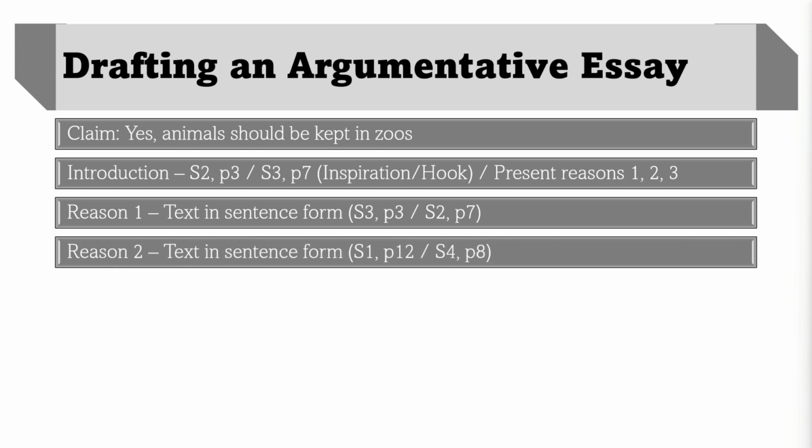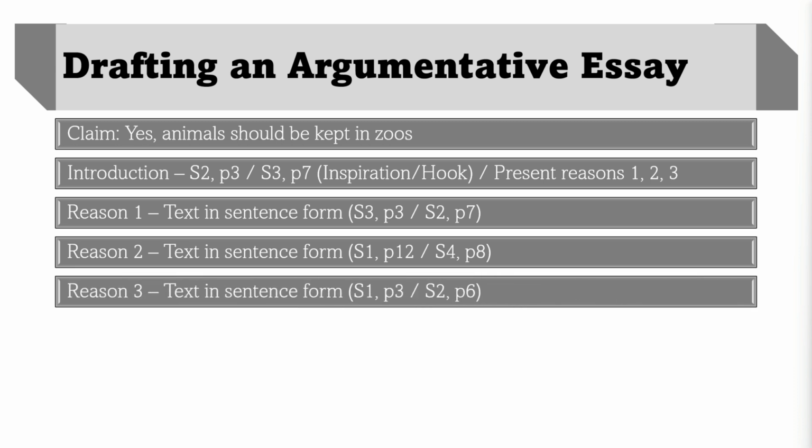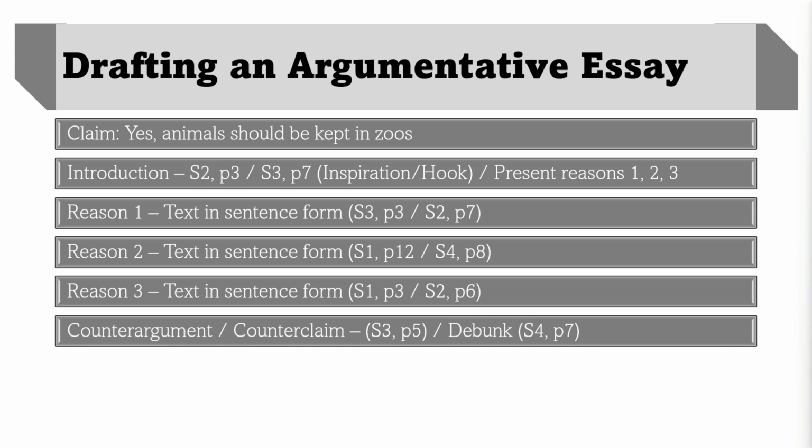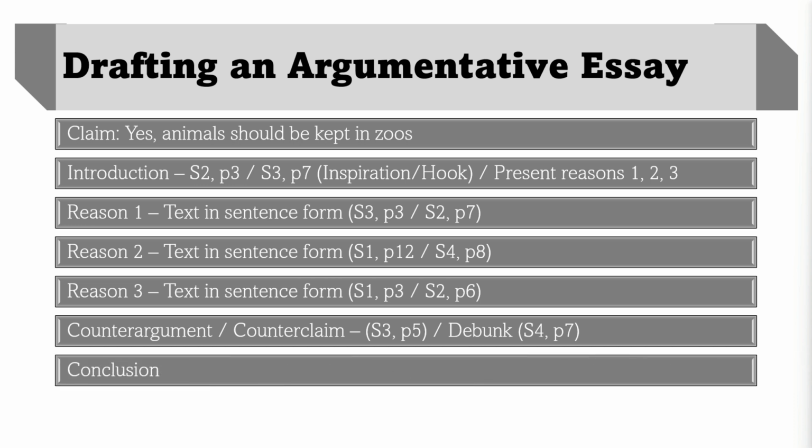I have reason 2 with the same things, also belonging in another paragraph. I have reason 3 also with the same things and in another paragraph. Now I have the counterclaim located in that source and the debunking evidence in that source as well. However, I've got nothing yet for the conclusion.